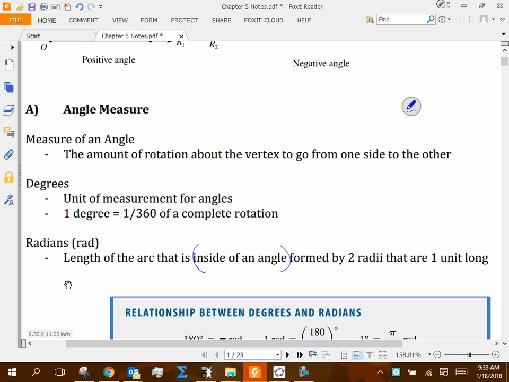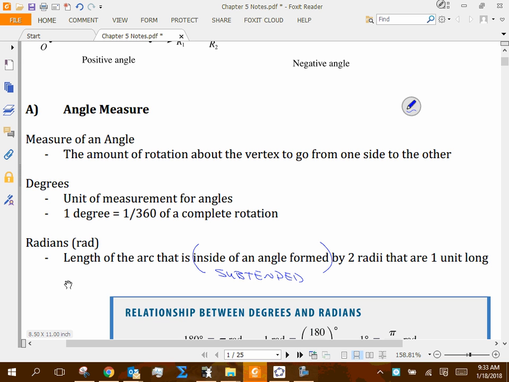That phrase might be replaced with the word subtended. Subtended or intercepted are two words that talk about the arc that is cut off by two radii.